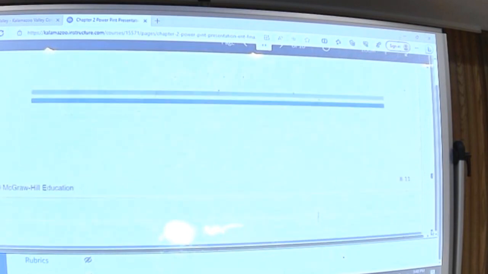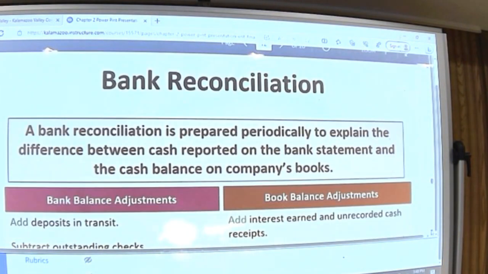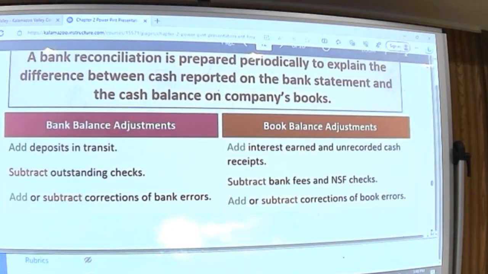Here's our actual reconciliation. You can see the adjustments to the bank balance on the left, the adjustments to the book balance on the right-hand side. On the left, bank balance adjustments.